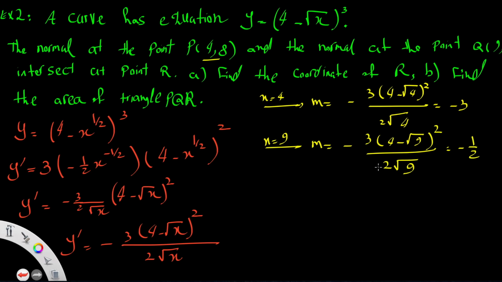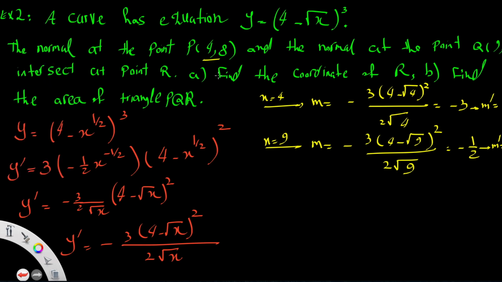Now we should write the equation of the normal. These are m actually. Then m prime will be the negative reciprocal. So the negative becomes positive, so it will be 1/3. And here m prime will be positive 2 for these two distinct points.